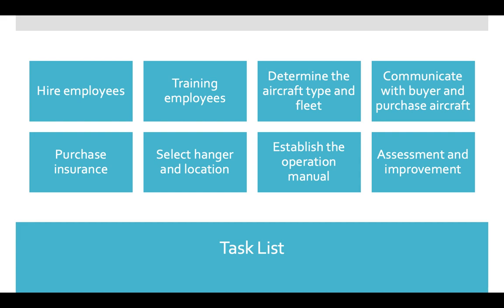Thirdly, determine the aircraft types and fleet. According to the previous recommendations, managers need to decide which type of aircraft to buy and the number of aircraft, as well as the aircraft configurations. Then, after deciding the types and fleet, the managers need to communicate with the sellers and decide which aircraft to buy.